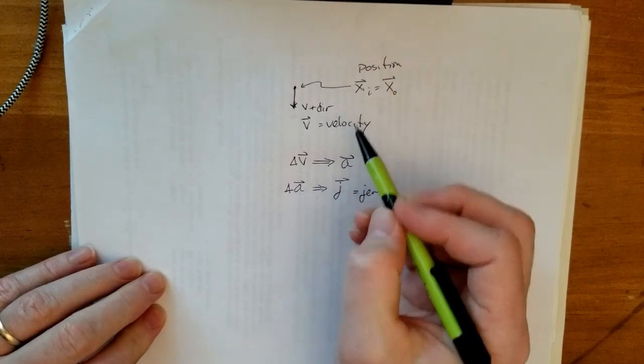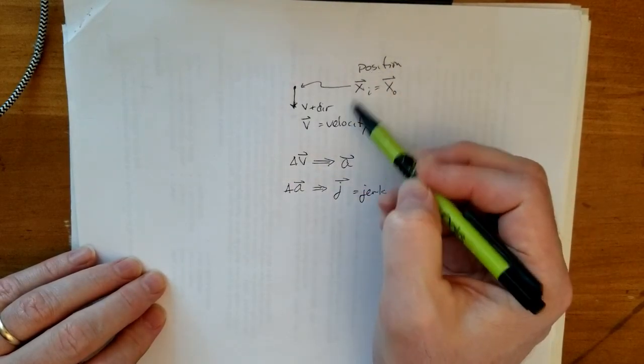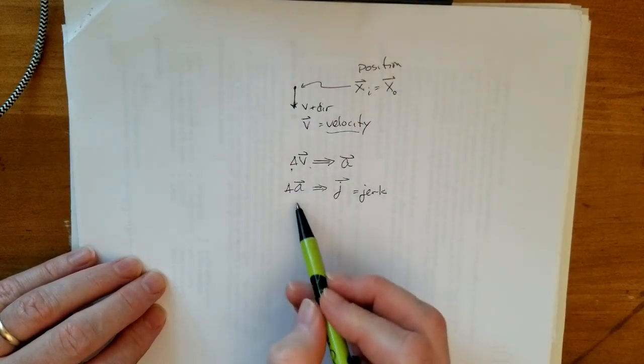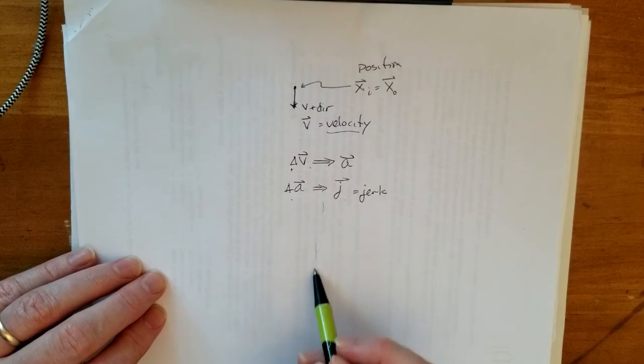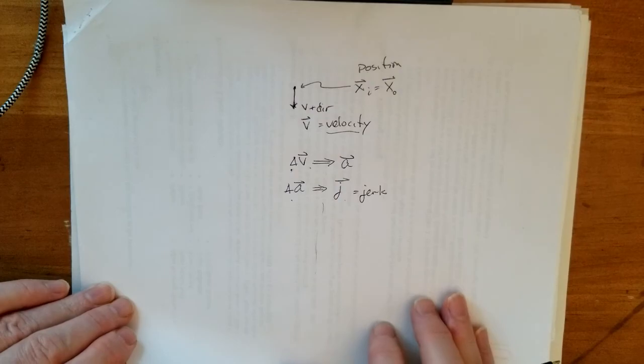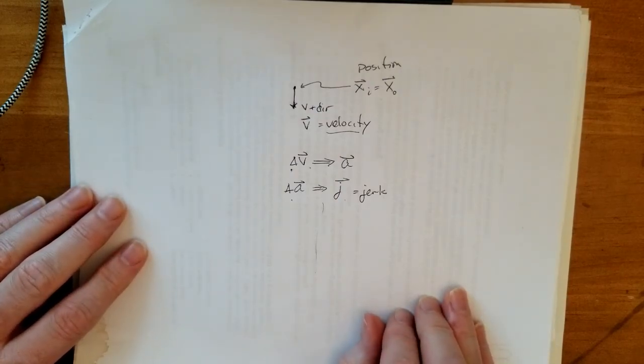So in order to describe my motion, we need to understand how my position changed, in other words, my velocity. We have to know how my velocity changes, we have to know how the acceleration changes, and so on in order to get a full description. And so these are all terms that become necessary when describing motion.